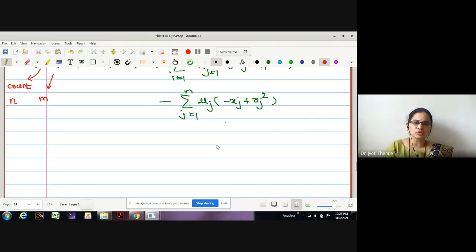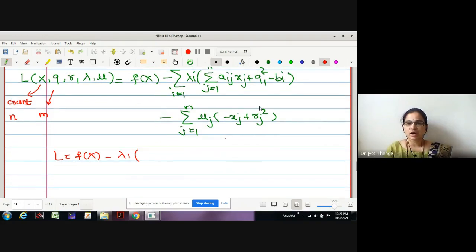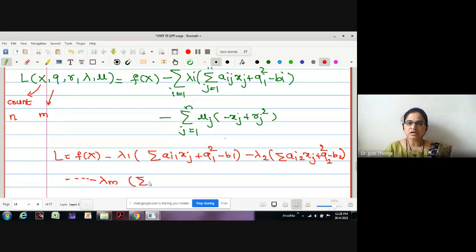The function is going to look like this: L equals f of x minus lambda 1 times the first constraint, for i equals 1, summation ai1 xj plus q1 square minus b1, minus lambda 2 times summation ai2 xj plus q2 square minus b2, and let us continue this up to lambda m, summation aim xj plus qm square minus bm.